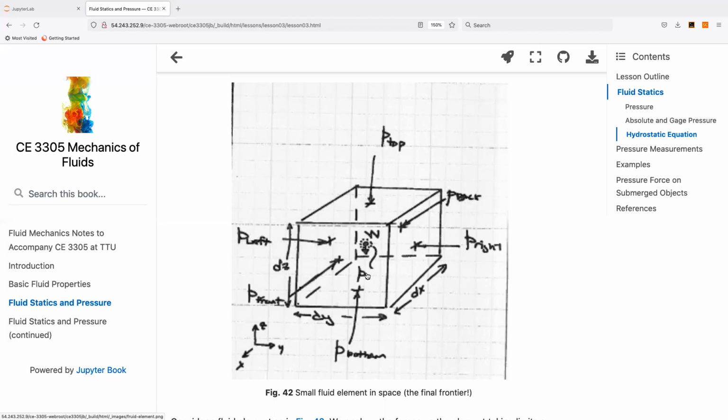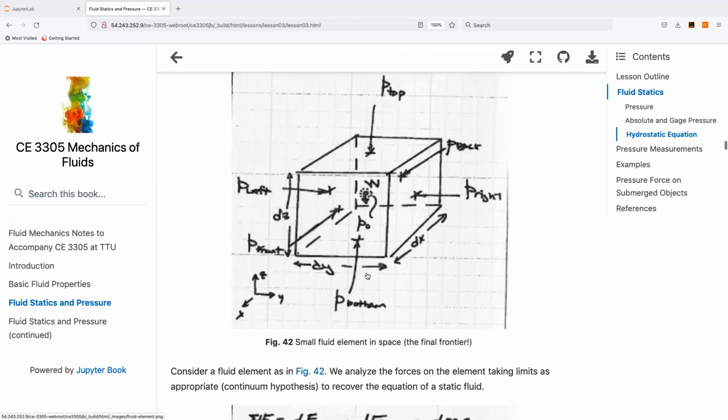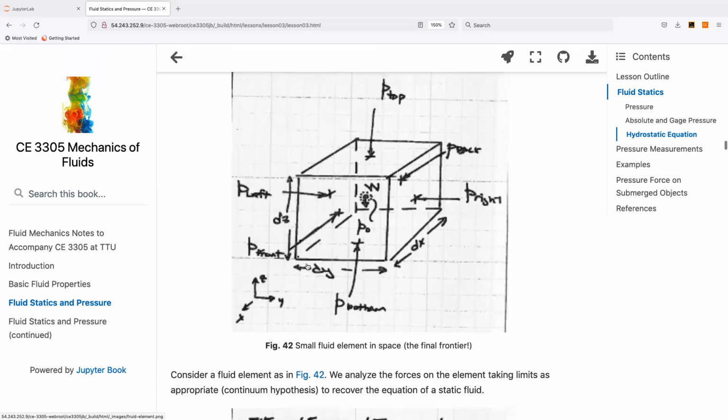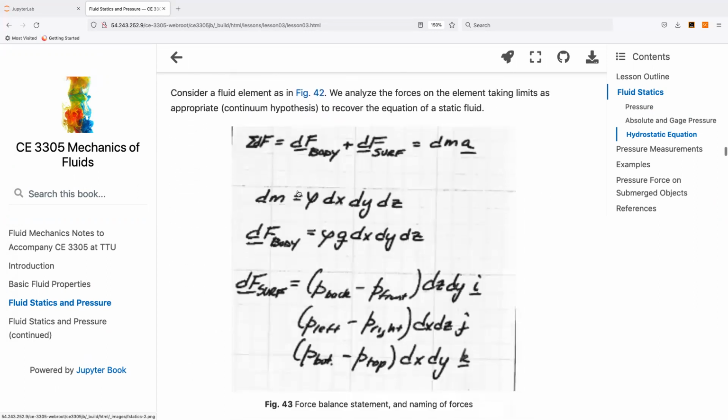We have our XYZ coordinate system in the lower left-hand corner. I think we have everything you would need in a free body diagram, plus some extra. Oh, and the cube dimensions are also indicated here: dy in the y dimension, dx in the x dimension, and dz in the z dimension. And so there's our fluid element.